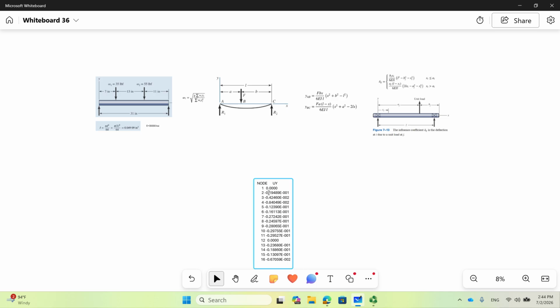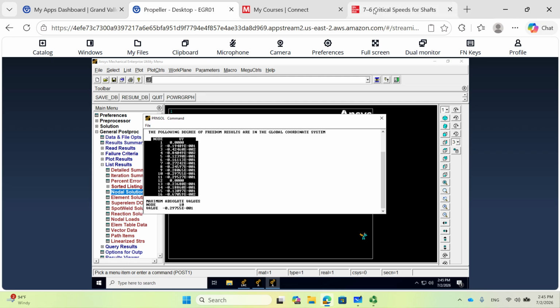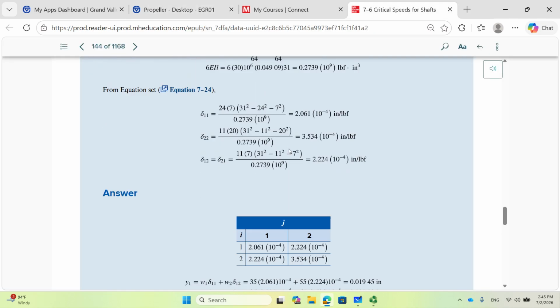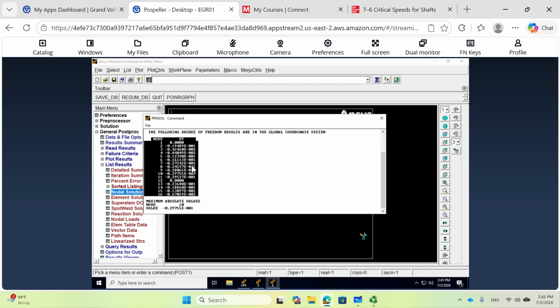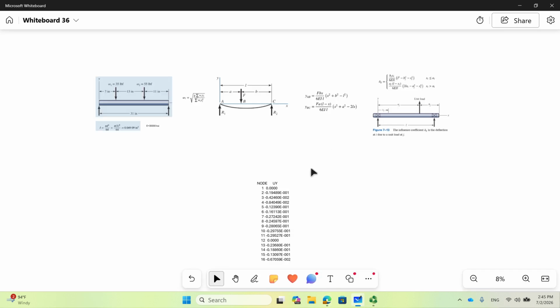Alright, so node 2 is 0.019489. So see how much the book was claiming. The book, which I'm going to explain later, finds y1, the deformation at point 1, to be 0.019445. So it's very close, right?